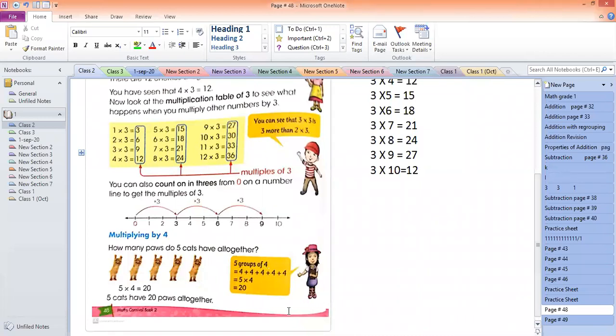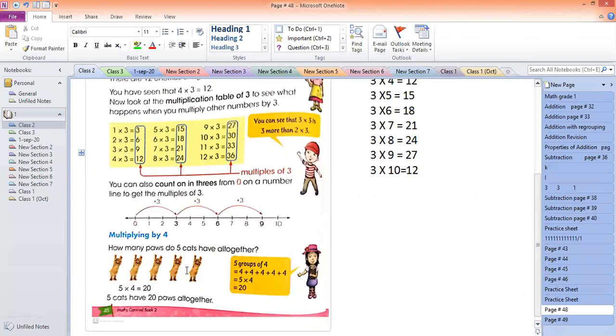If you check how many paws 5 cats have all together, you can see here that every cat is having 1, 2, 3, and 4 paws. And how many total cats are there? 1, 2, 3, 4, 5. So what can you do?